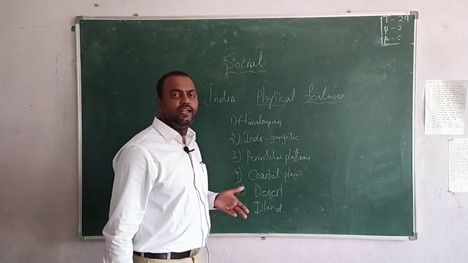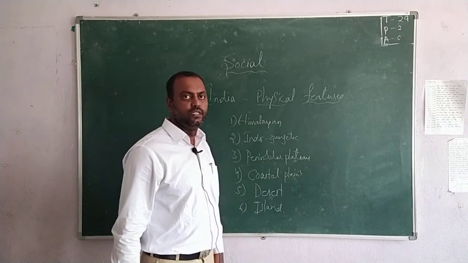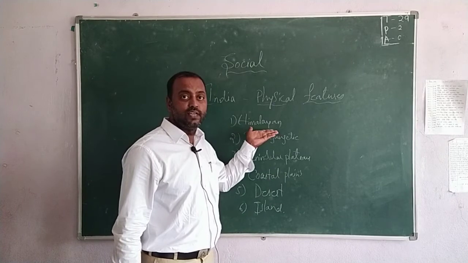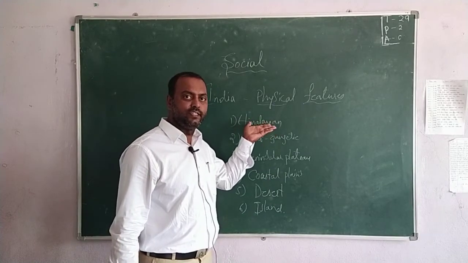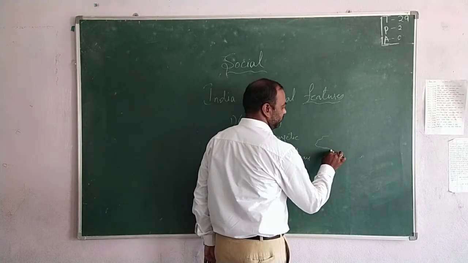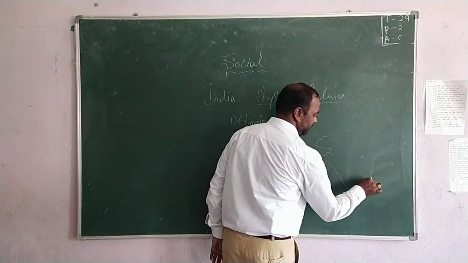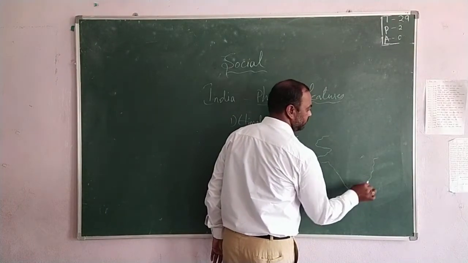First, let us discuss the Himalayan mountain ranges. Himalayan mountain ranges are present on the northeastern side of India. Now imagine this as a rough sketch of the India map.